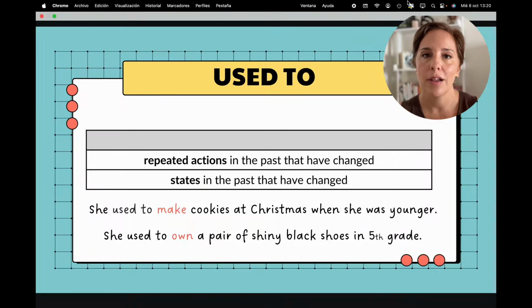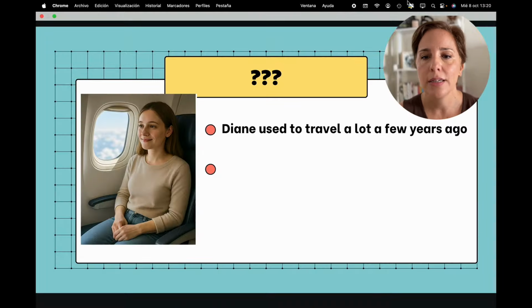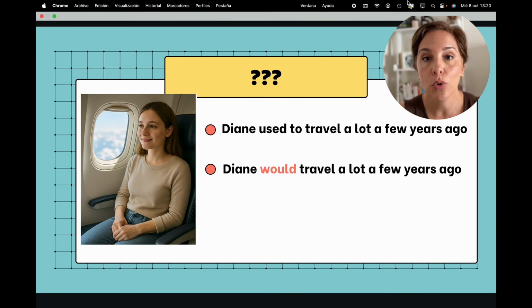But now here comes the difference. For example, we can say Diane used to travel a lot a few years ago, okay? But this is a bit plain and a bit boring for level B2. If we want to make a difference and boost our grammar a little bit, there is another structure, which is Diane would travel a lot a few years ago.